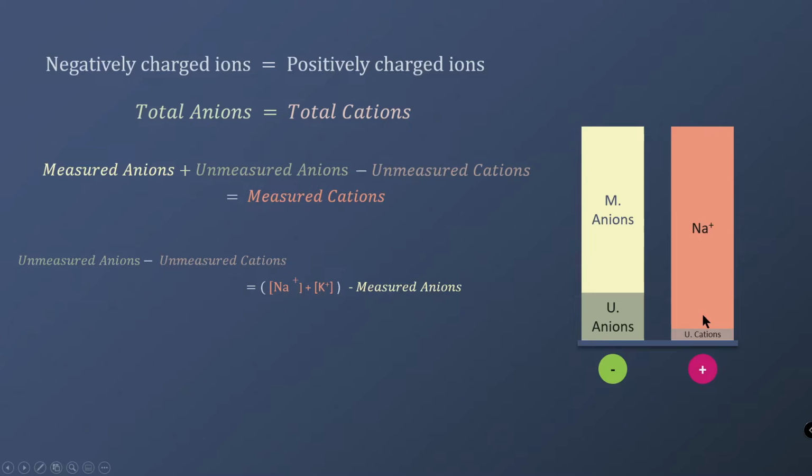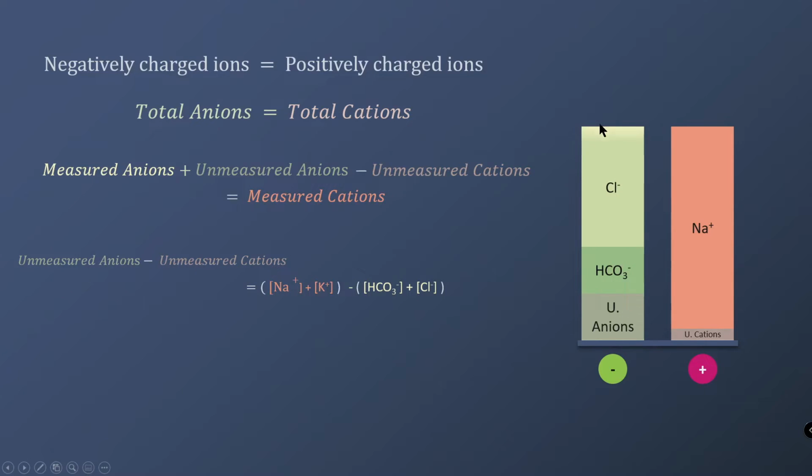Here sodium and a very small amount of potassium will be there. It is so small that I have just ignored it in this diagram. Along with that, measured anions, which are bicarbonate and chloride, right? So measured anions are bicarbonate and chloride, and the measured cation is sodium. Clear?